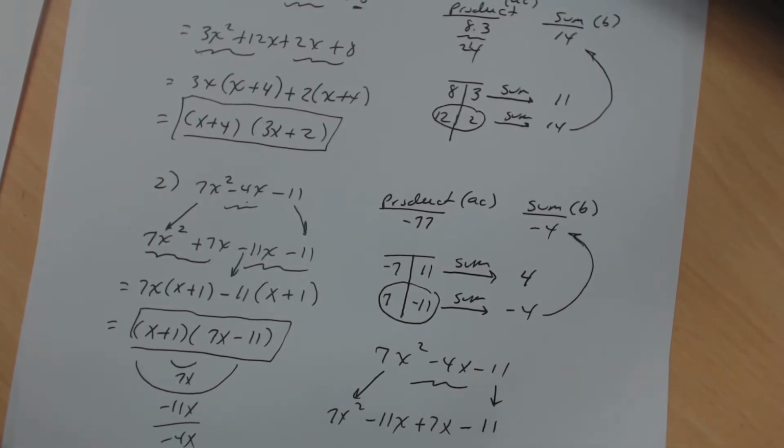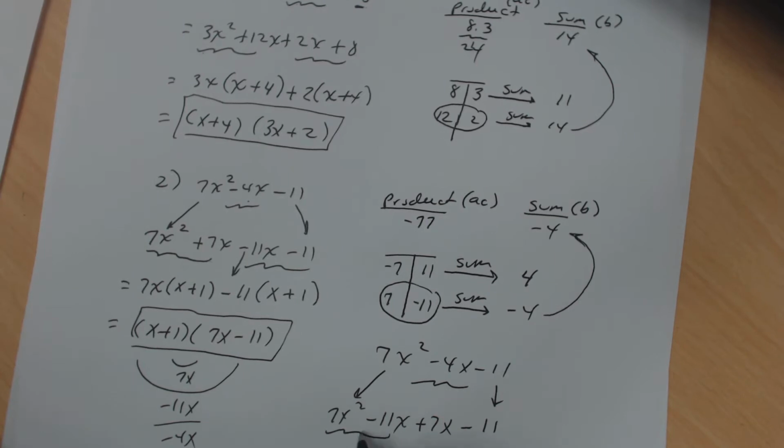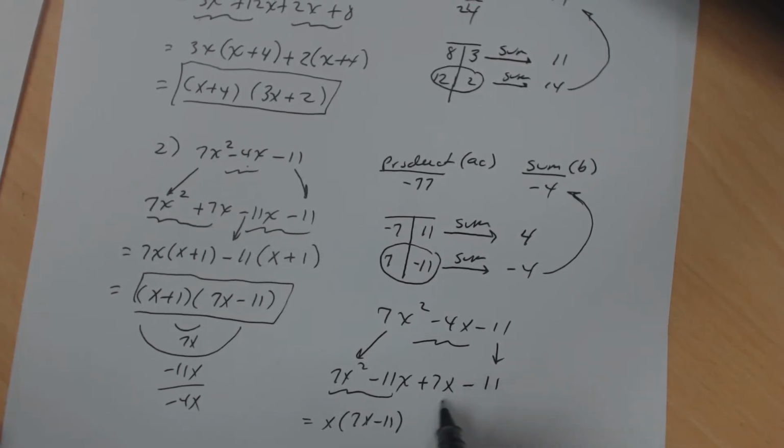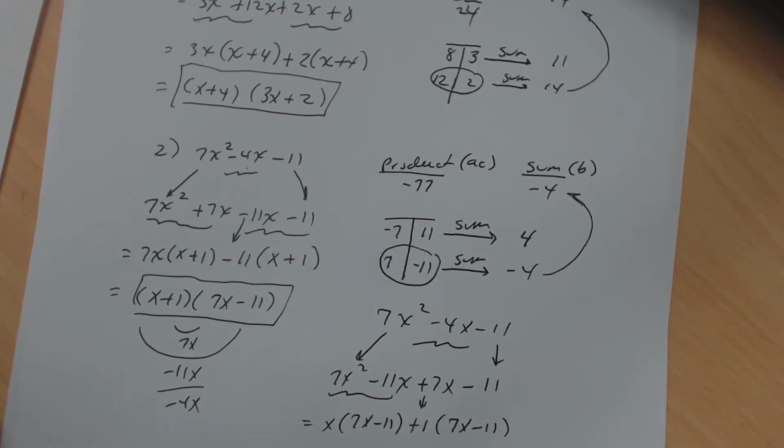minus 11. All right, group the first two. This time the GCF of the first group is x. I'm left with 7x minus 11. And over here, the GCF is a positive 1, and I have 7x minus 11. And then I can factor out the 7x minus 11.